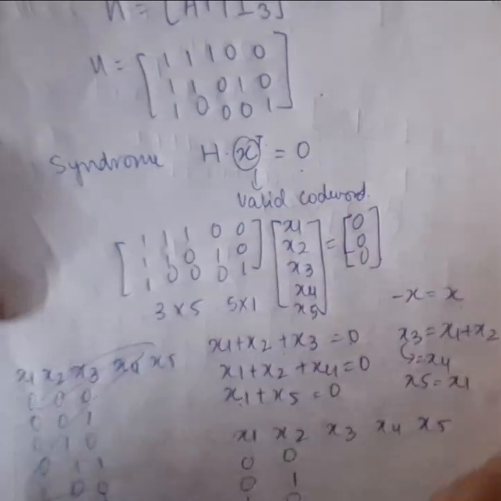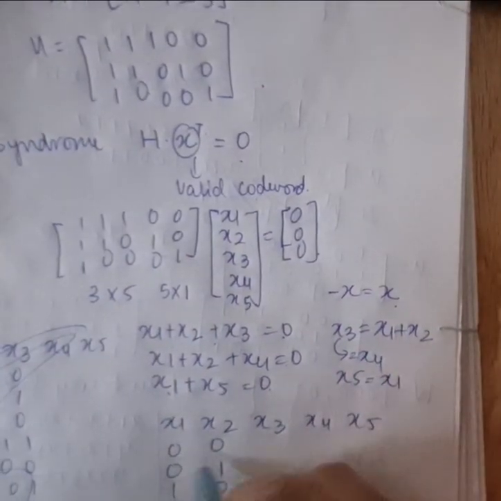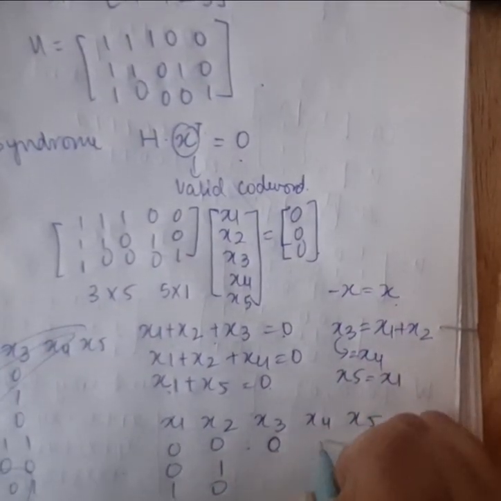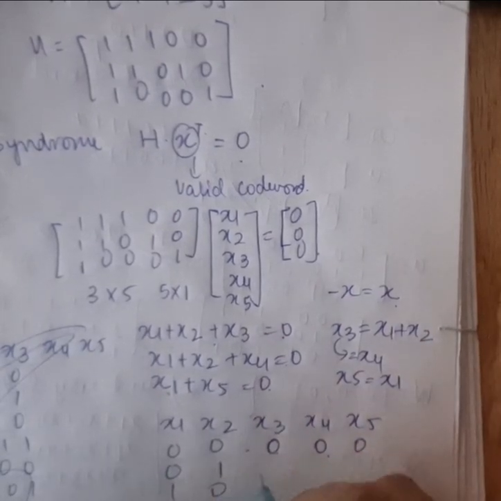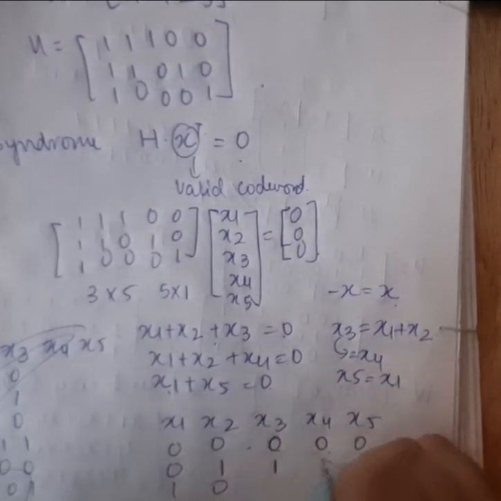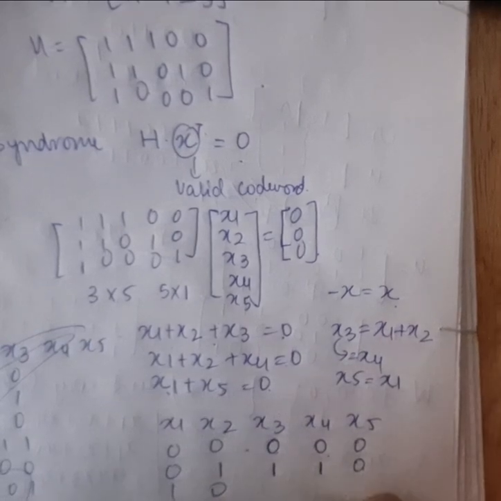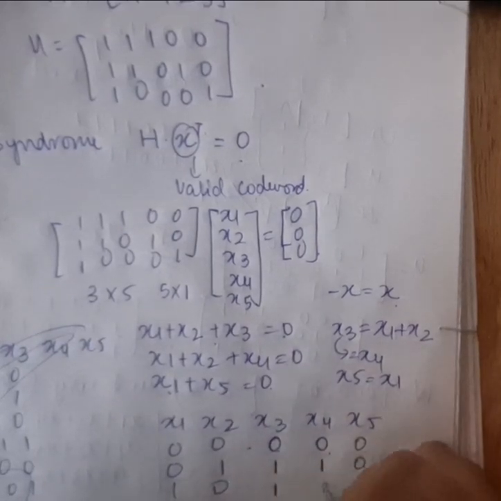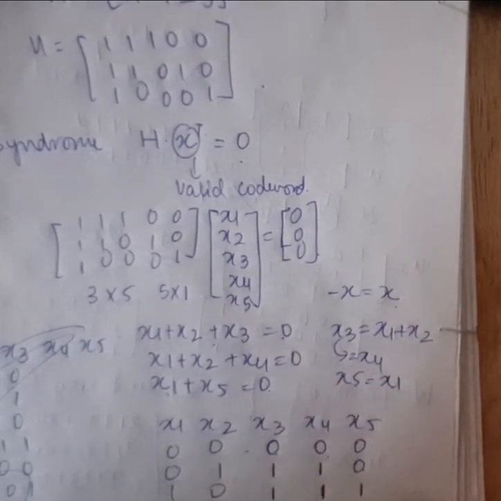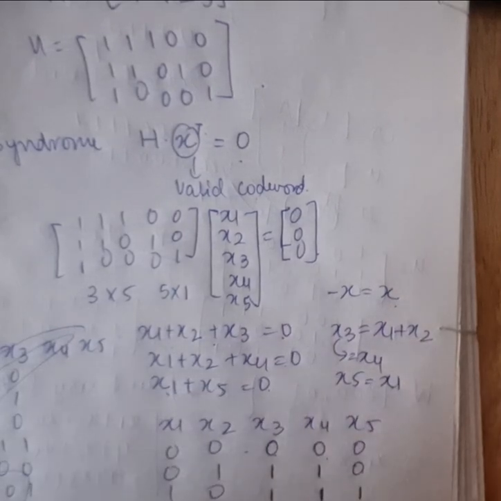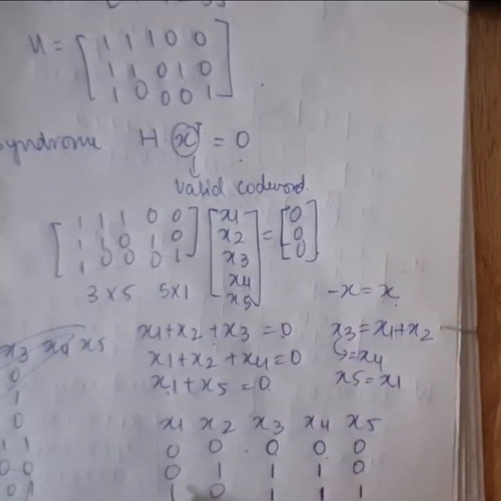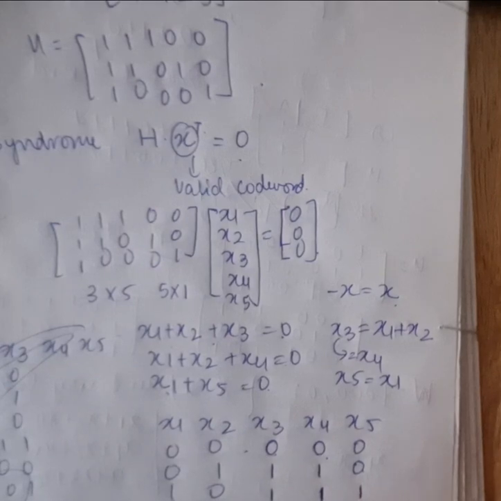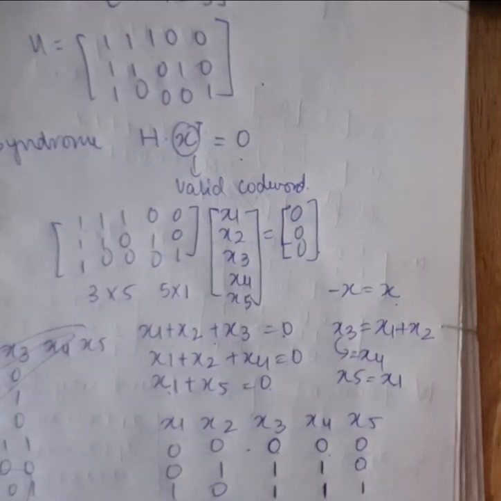Then x3 is x1 plus x2, that's the same as x4, and x5 is just the same as x1. So our code words are 0 0 0 0 0, 0 1 1 1 0, 1 0 1 1 1, and 1 1 0 0 1.